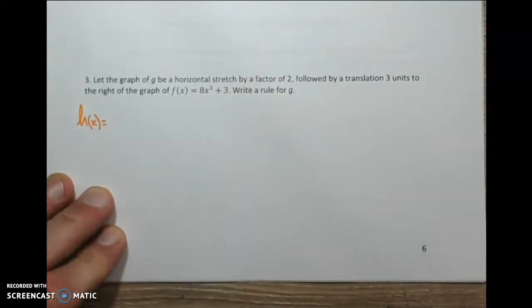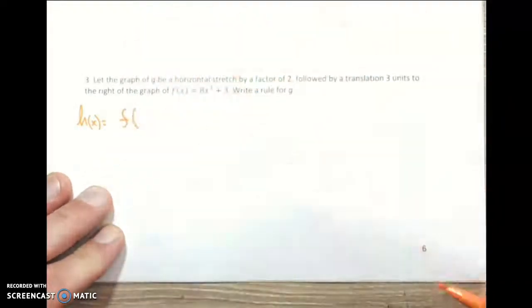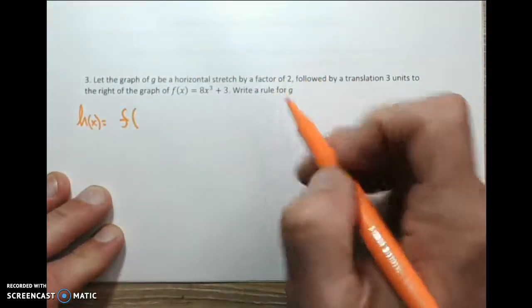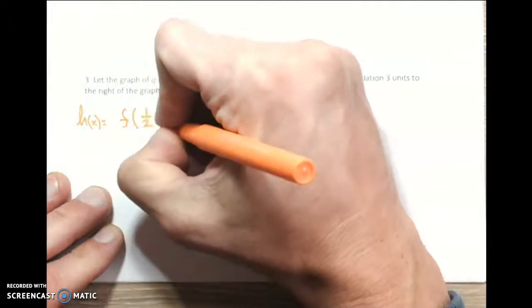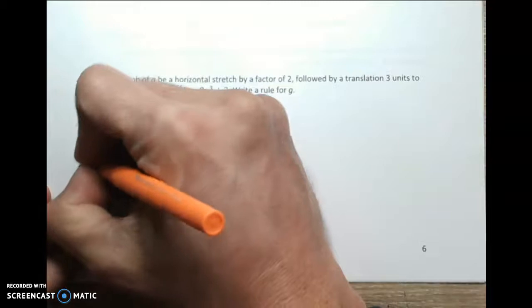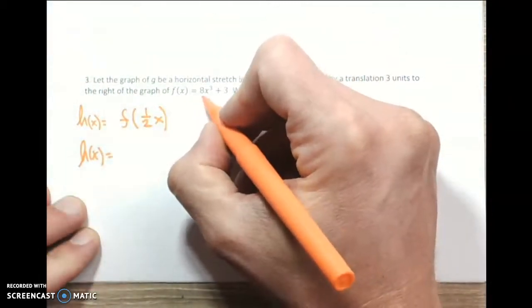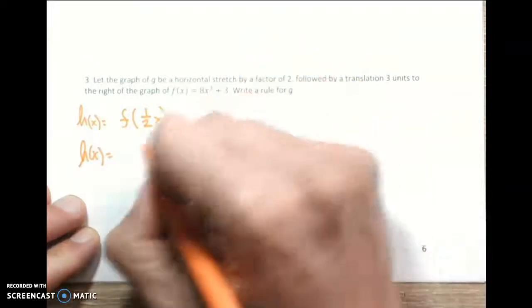Horizontal, again, is counterintuitive, so horizontal will go in the parentheses, and it's not actually 2, it's the reciprocal, 1/2 x. Okay, so now I have h of x equals, I just replace x's, just that 1x, with 1/2 x.